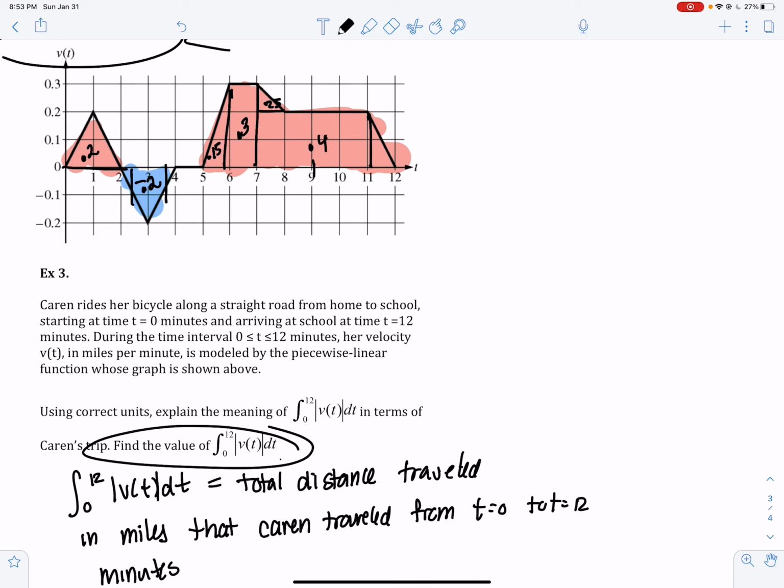And then here I have a 1 by 0.2 divided by 2 is 0.1. This is 0.5. My bad.